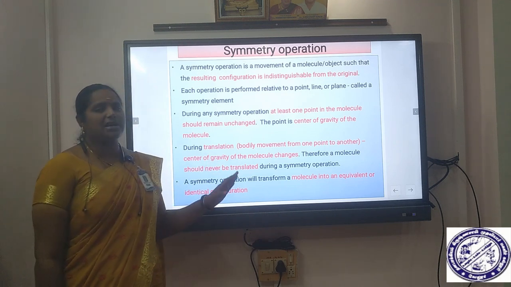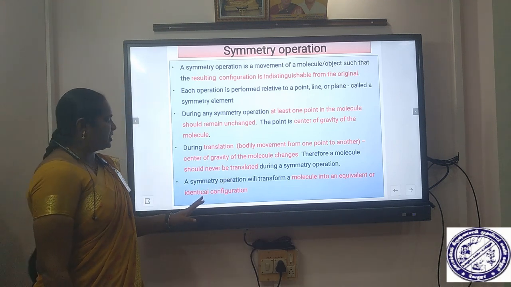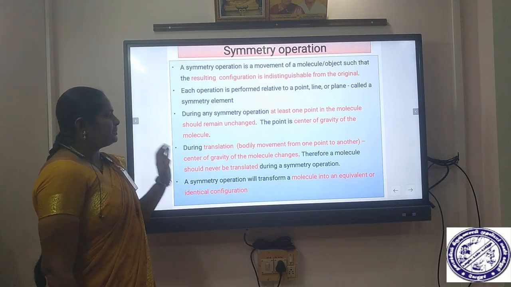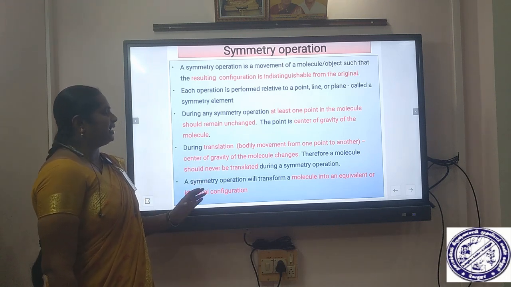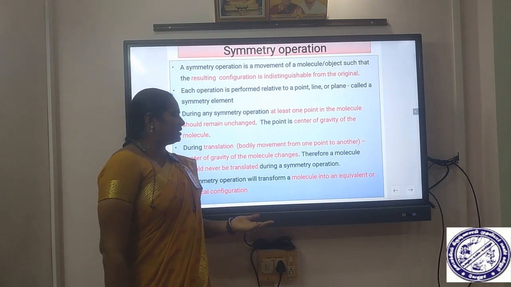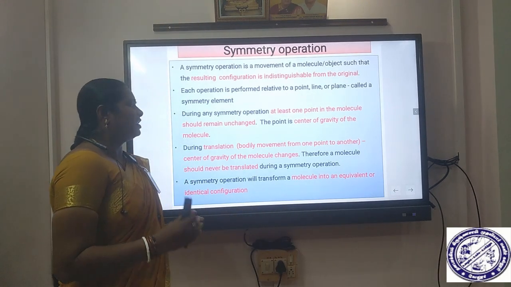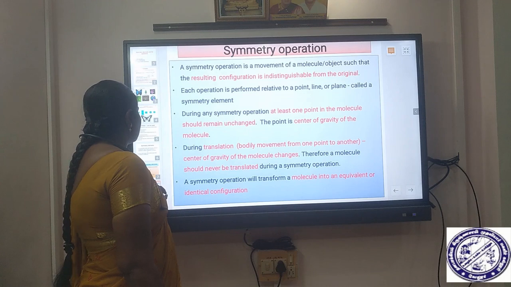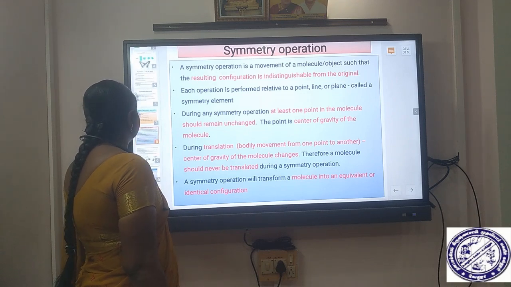Therefore, translation does not come under symmetry operations. The symmetry operation is one where the molecule gives an equivalent or identical configuration.